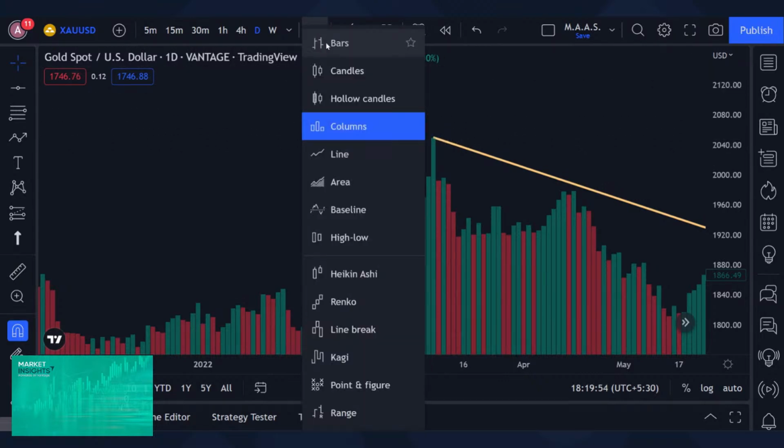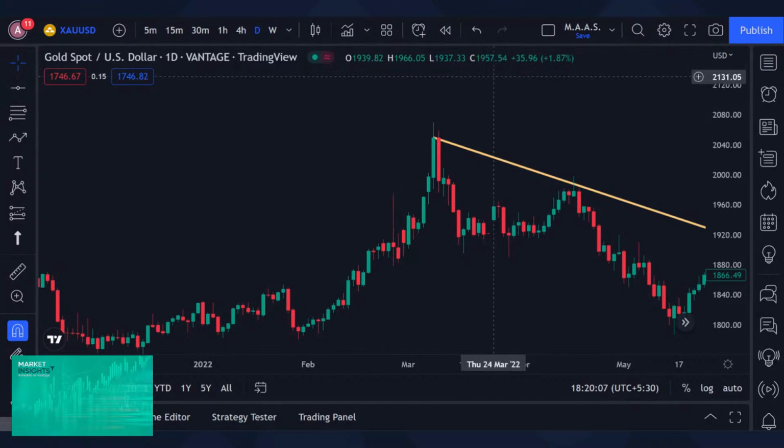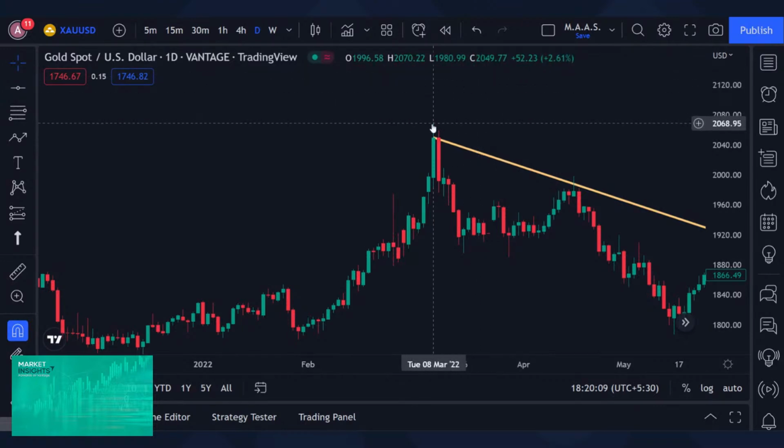Now let's convert it into a candle chart. What is 2049.77 in this particular candle? In the OHLC, which figure is 2049.77? Obviously the closing price, right?